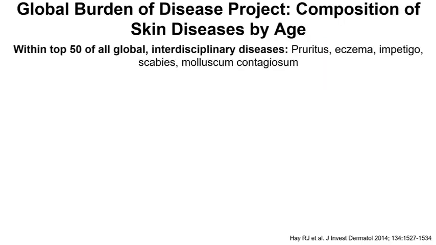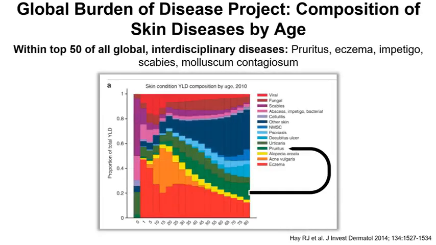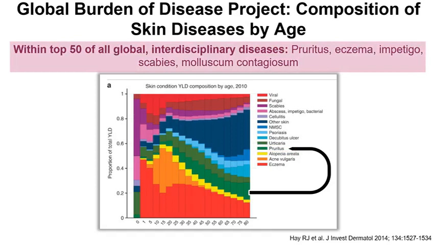As various as the underlying etiologies might be, as prevalent pruritus is. So it's no wonder that we find pruritus among the top 15 most frequent dermatoses, but also among the top 15 of all global interdisciplinary diseases, according to the Global Burden of Disease Project.